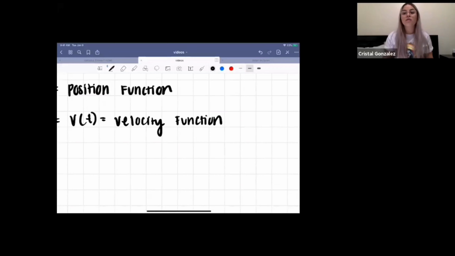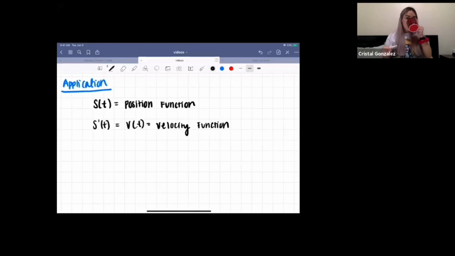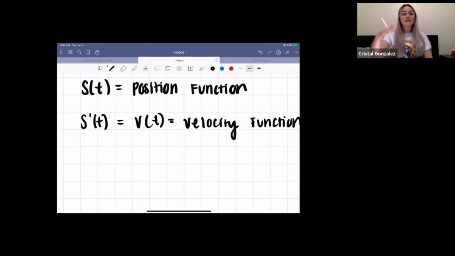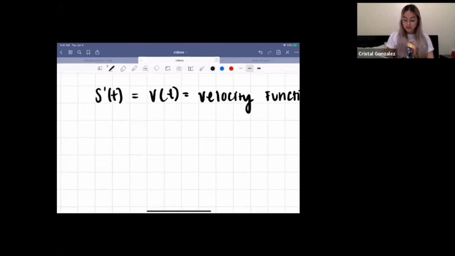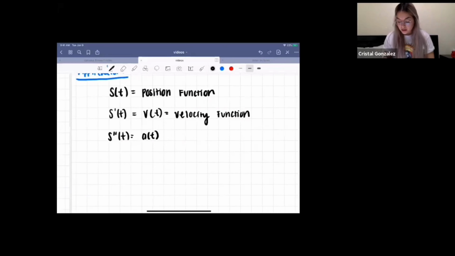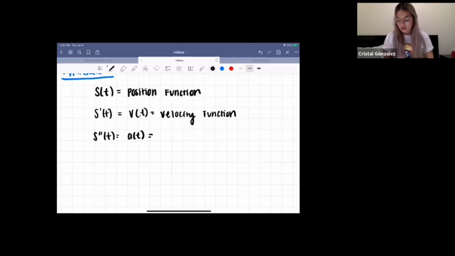This is all stuff we've done before. And now if I take the derivative again of s prime of t to get s double prime of t, we get our acceleration function. So we're just recalling all of this, which was our acceleration.